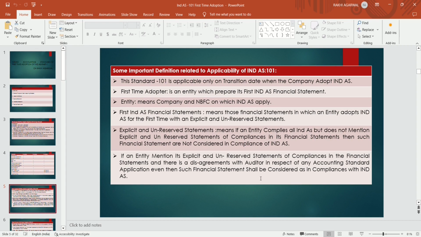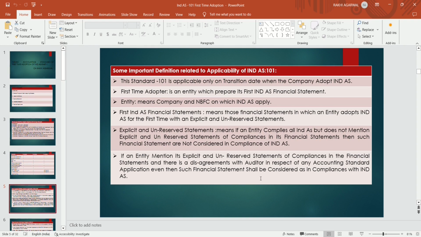But if an entity mentions the explicit and unreserved statement of compliance in the financial statement, even if the auditor disagrees with the compliance, even then it will be treated that the financial statements are complied with Ind AS.